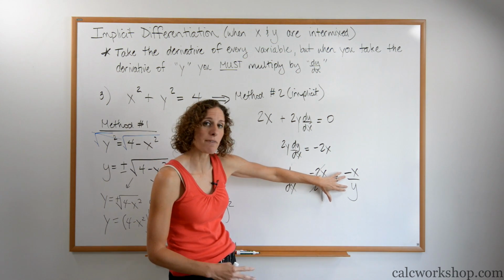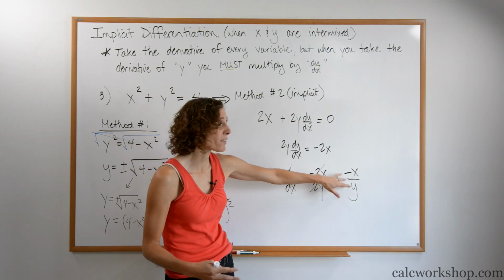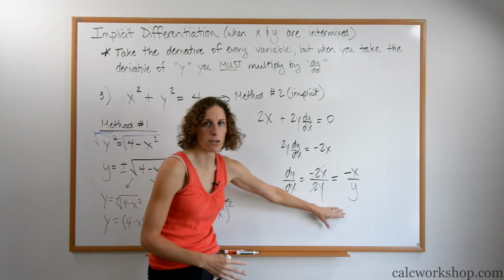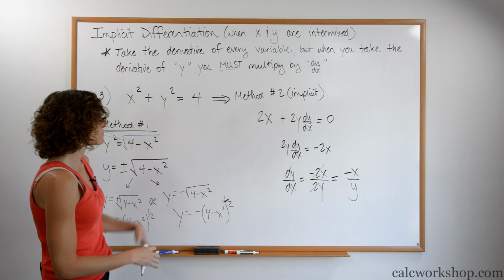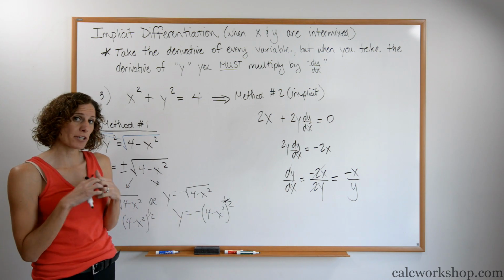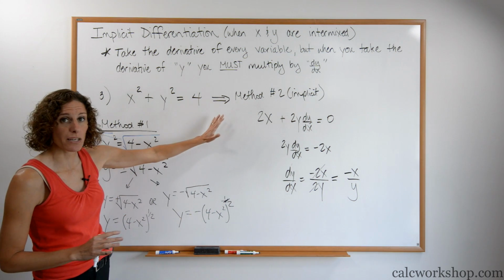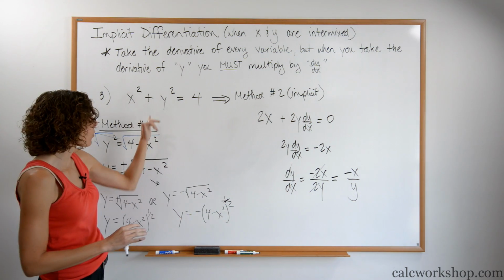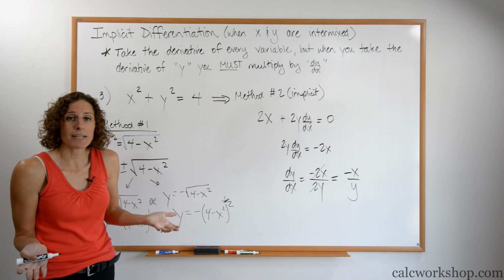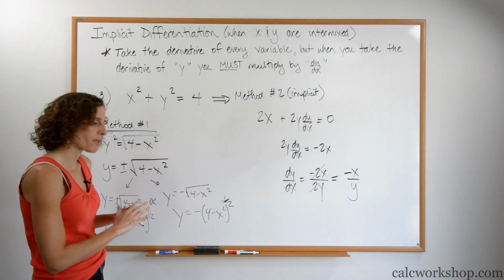We can still plug in values for x to get y and so forth, but it's so much nicer and cleaner to use. So, what do we do when x and y's are intermixed? Leave them and take the derivative of every variable that you see, but whenever you take the derivative of a y, you just multiply by dy dx. So let's do another example.